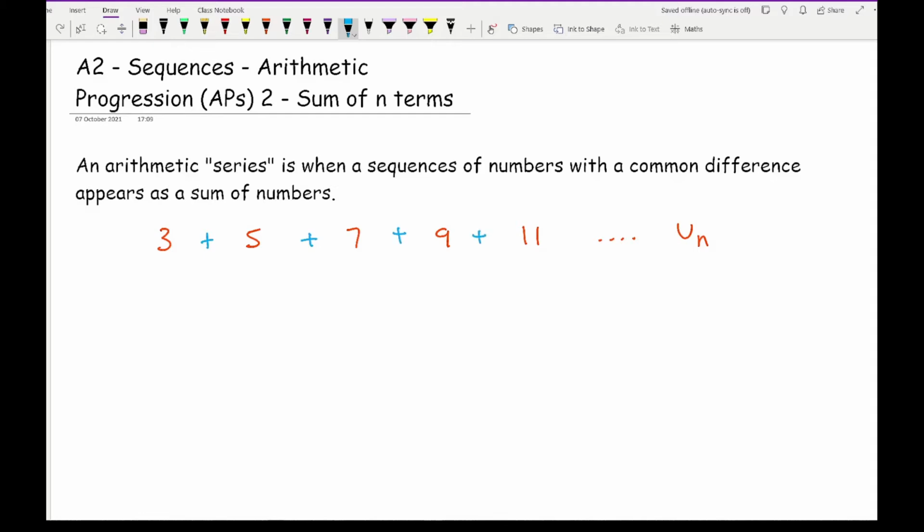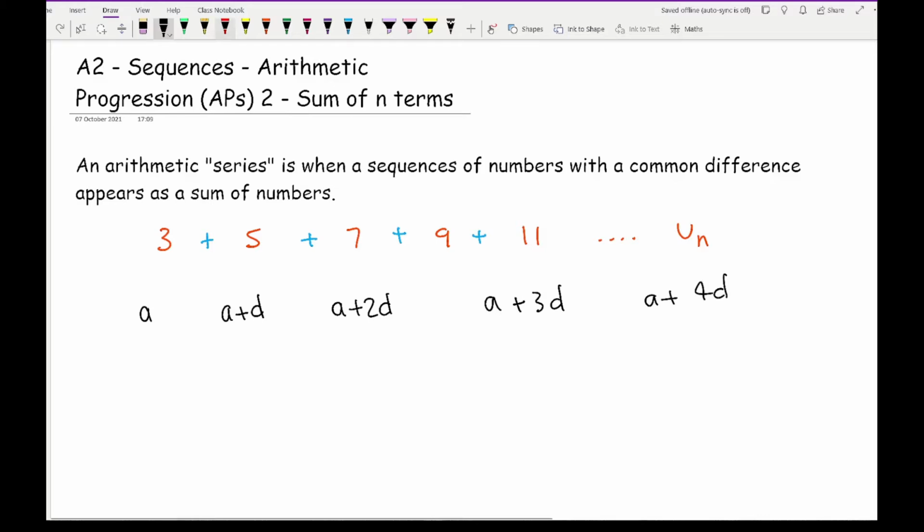Now if I want to represent this algebraically, a is our first term, then we've got a plus d, then we've got a plus 2d, then a plus 3d and a plus 4d.